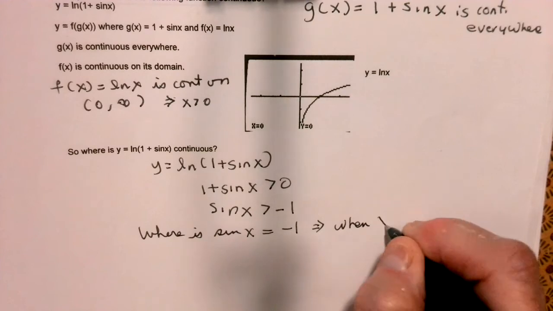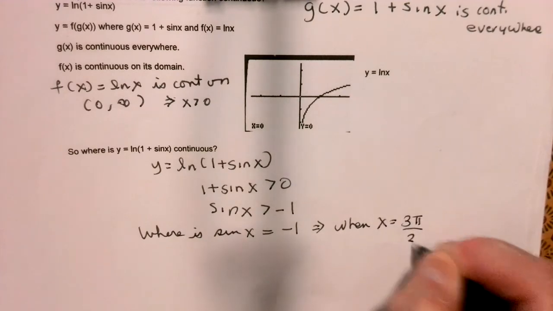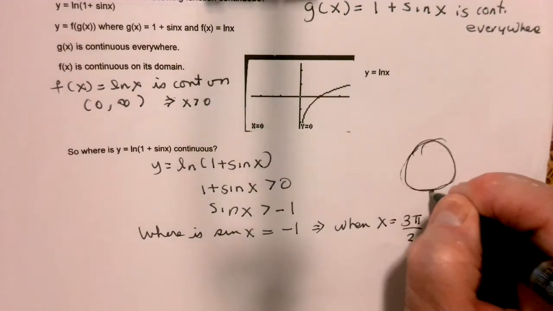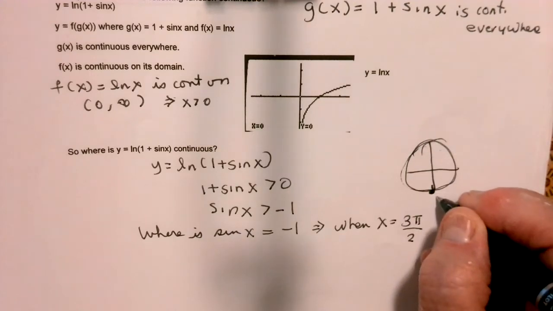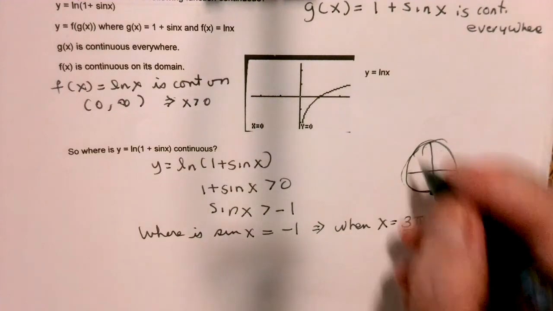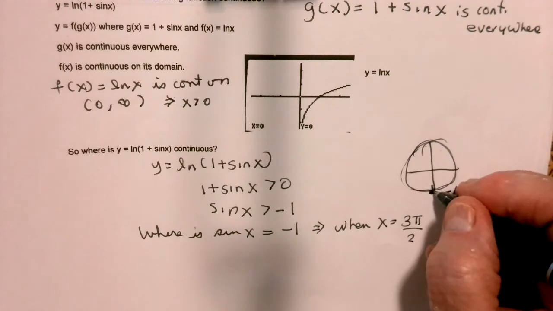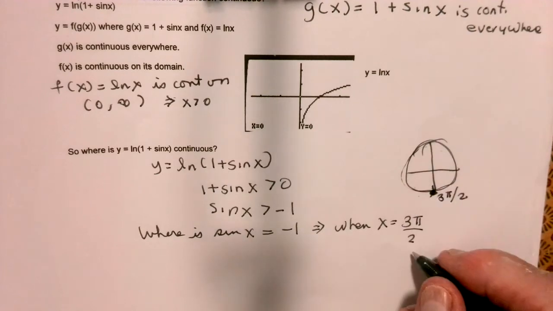x equals 3 pi over 2, down at the bottom of the unit circle, where sine is negative 1. But then anytime it goes back around the circle and hits this place on the circle, the sine is negative 1 again.